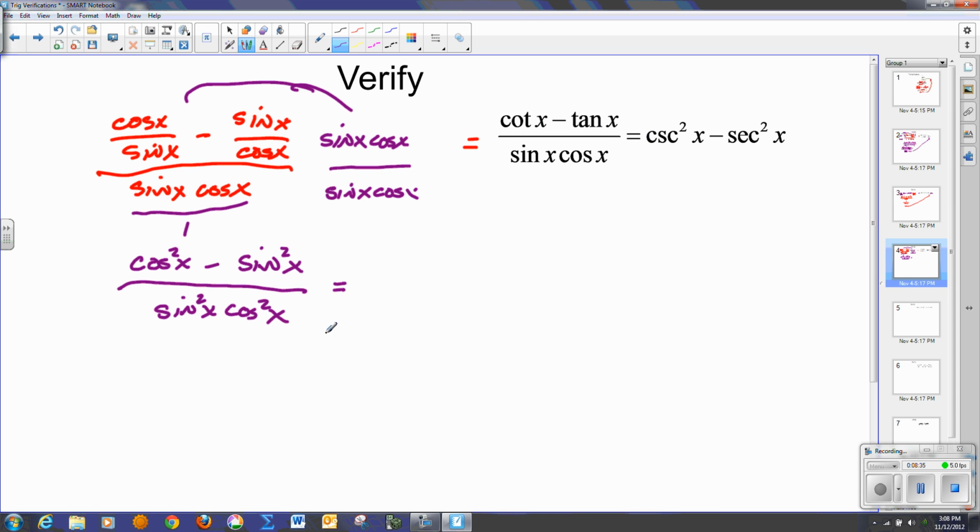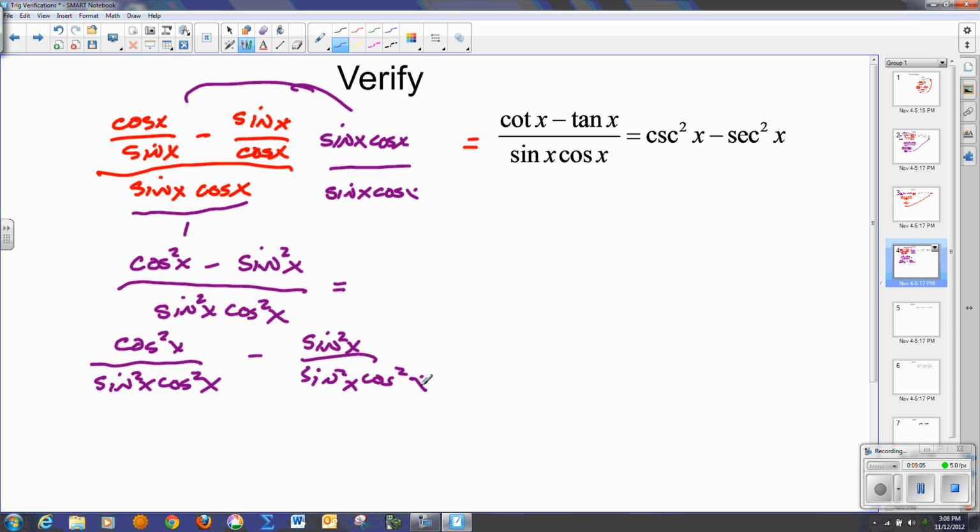But what I can do is that trick I showed you earlier in the day, whereas if I have a subtraction or an addition on top and a singular denominator on bottom, I can split it into two fractions. So what I'll do here, I'll say this is cosine squared of x over sine squared of x, cosine squared of x, minus sine squared of x over sine squared of x, cosine squared of x.